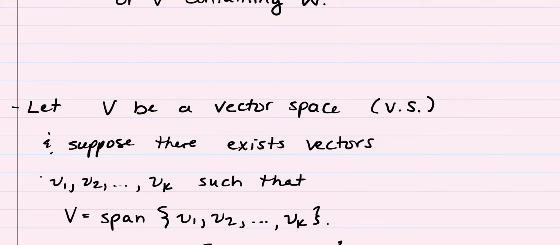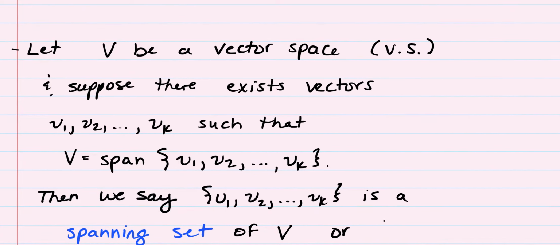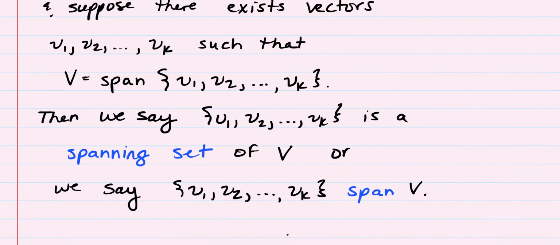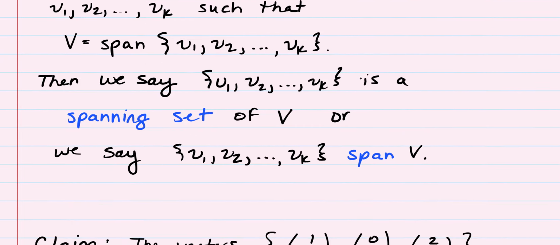So you could call these W if you like, and we're saying the whole vector space V is equal to the span of W. Then we say that these vectors are a spanning set of V. Or you can say the vectors span V. So what we're saying is, given a certain amount of vectors, all linear combinations of those vectors produce the whole vector space V. I'm going to show you an example of this.